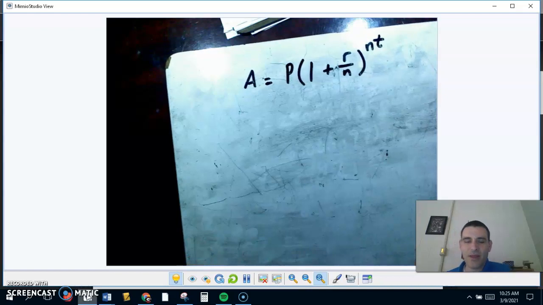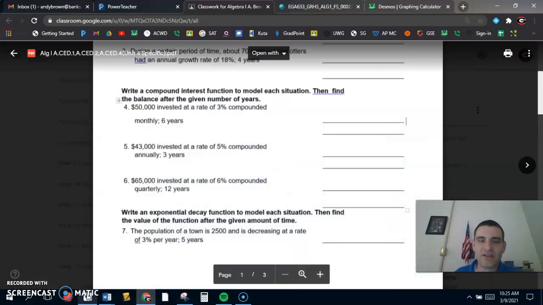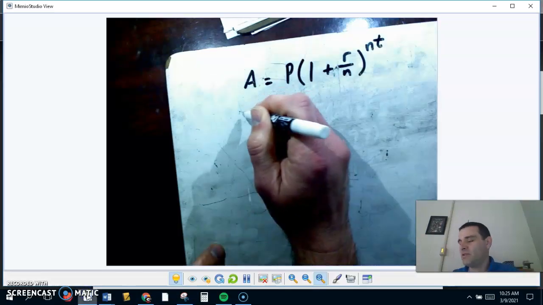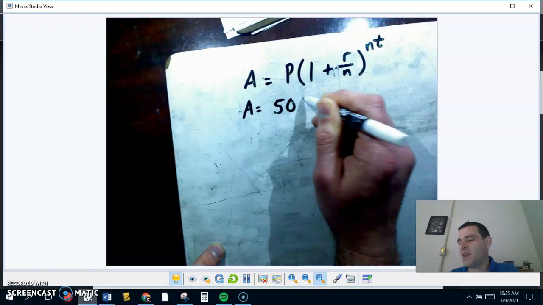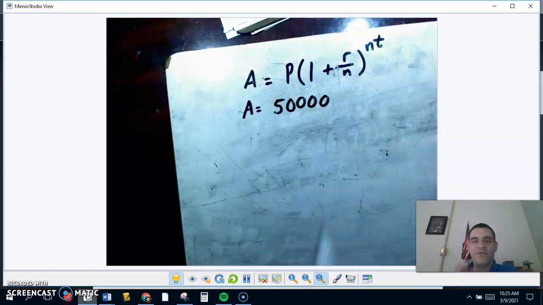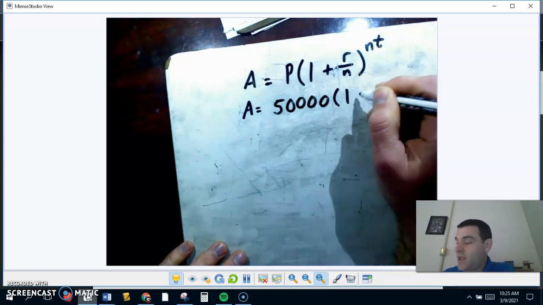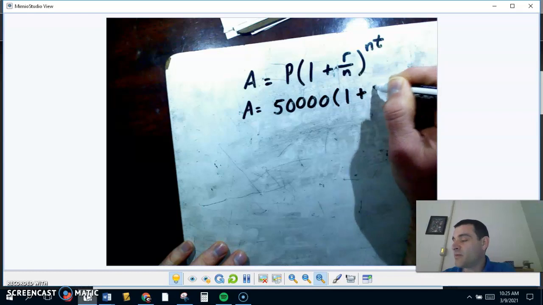In our situation, it was $50,000 invested at 3%. So let's go and get those in. A is just the amount after a certain number of years. We'll get to that in a minute. But the same concept as before: whatever you start with or whatever you currently have goes in the very front. This is the number 1. Your interest rate here again is 3%.